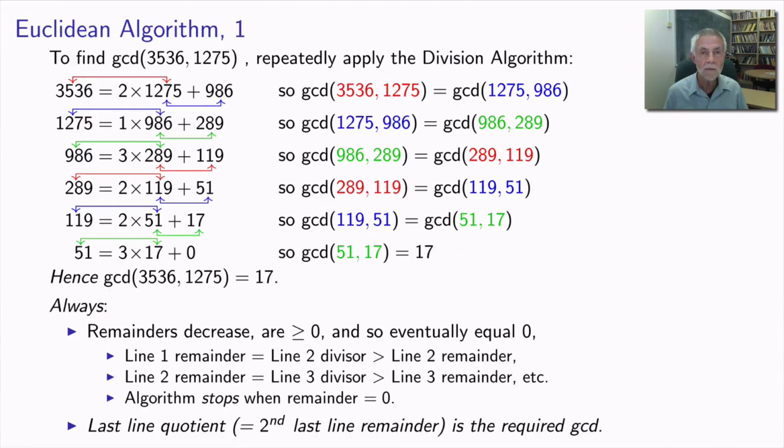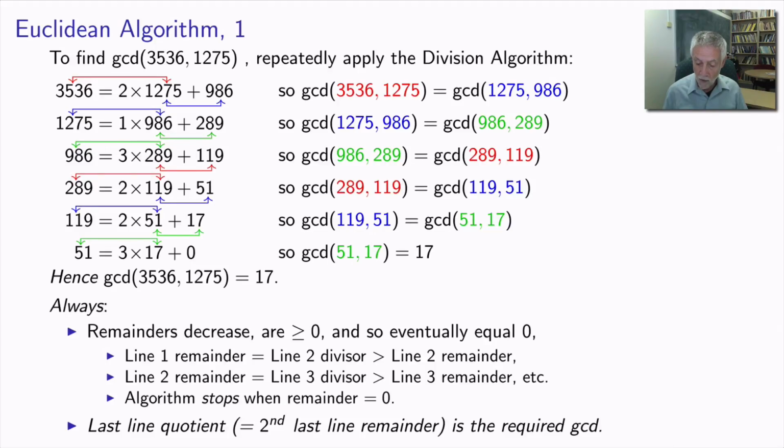So just writing down a little bit more carefully, the argument there is that the remainders decrease and they're bigger than or equal to 0, so they must actually equal 0. If you look at it carefully, the line 1 remainder, which was 986, is equal to the line 2 divisor, so that must be bigger than the line 2 remainder because of the division algorithm.